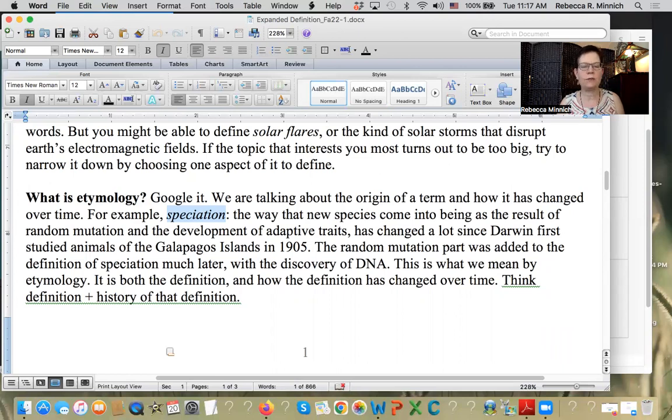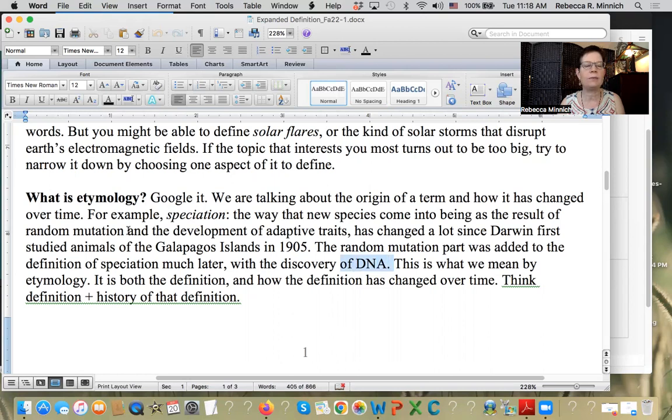The definition of speciation changed again after the discovery of DNA many decades later, after Darwin's Origin of Species was published. So now we understand that it's not just about animals developing different traits as the result of their environment and passing those on to their offspring, but they pass those traits on to their offspring in DNA.